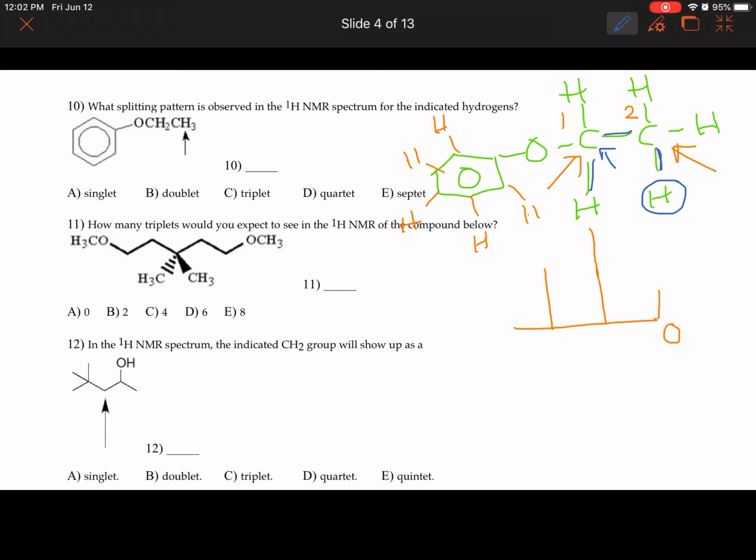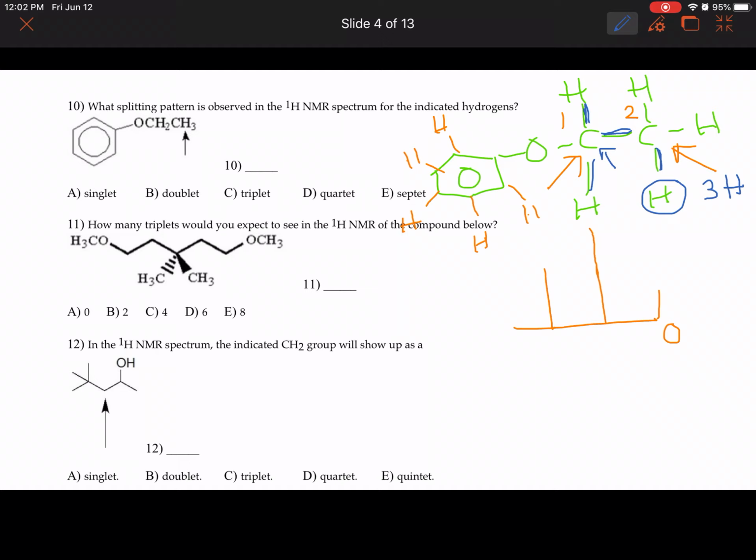And then 1, 2, 3. So 3 bonds. The hydrogens on the carbon 2 are 3 bonds away from the hydrogens on the carbon 1. So the 3 hydrogens here are going to split due to the 2 hydrogens on carbon 1.